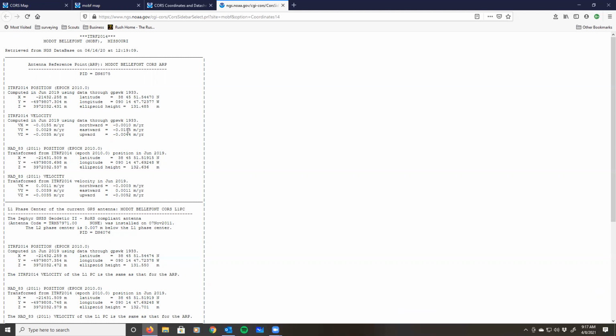Basically, relative to the fixed coordinates that they've established, that station is moving about 1.5 centimeters to the west, and then upward, it's moving 0.44, or 4.4 millimeters downward per year.